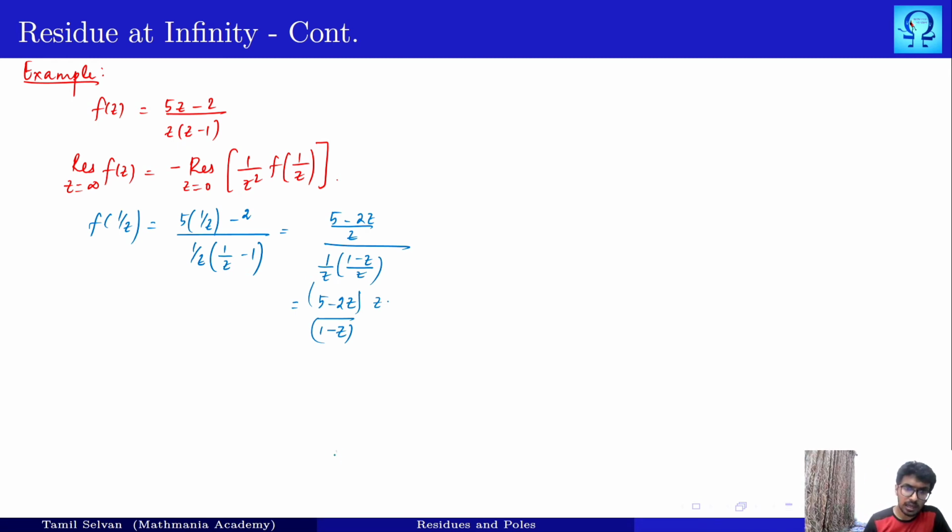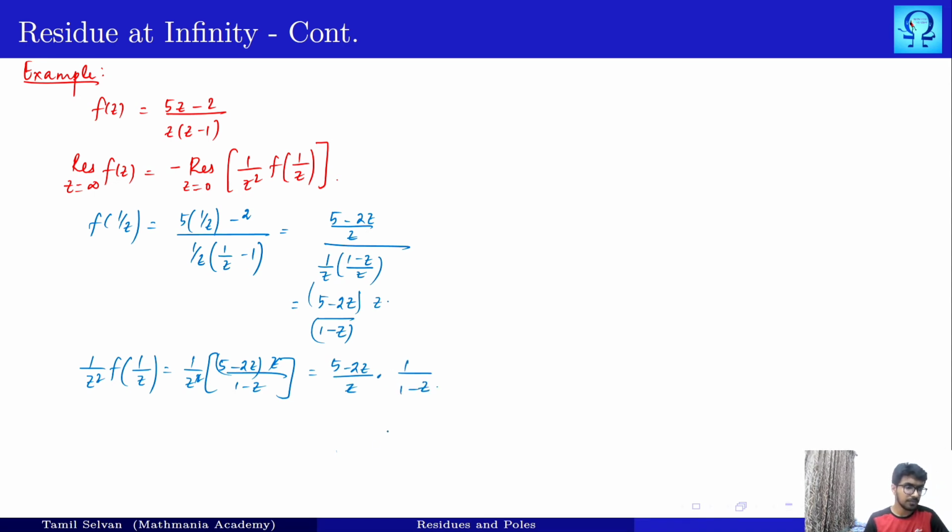So now we'll have to just multiply 1 upon z squared with this. So f of 1 upon z is 1 upon z squared multiplied with 5 minus 2z multiplied with z upon 1 minus z. So 1z and 1z get cancelled. So we are left with 5 minus 2z upon z multiplied with 1 upon 1 minus z. Right? Now we will have to expand this.